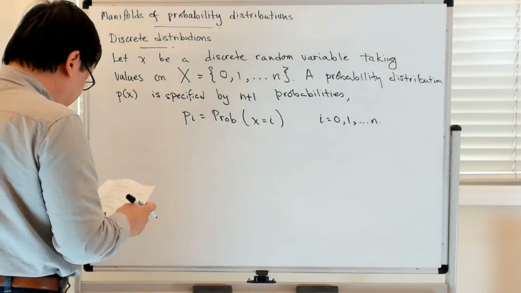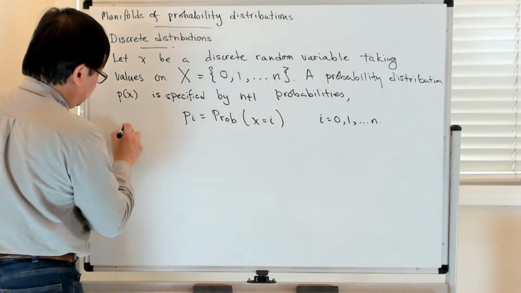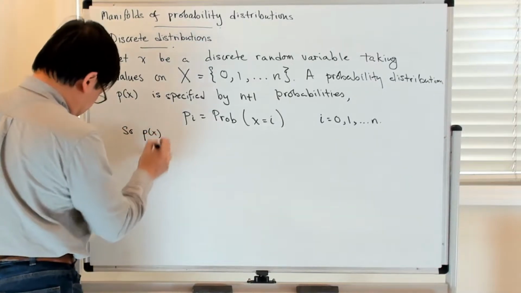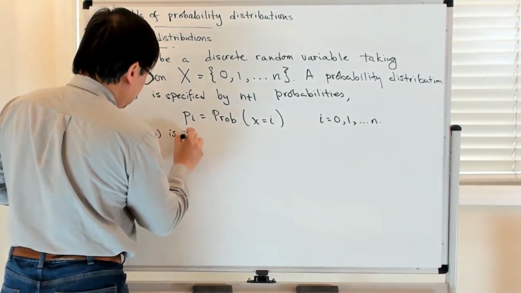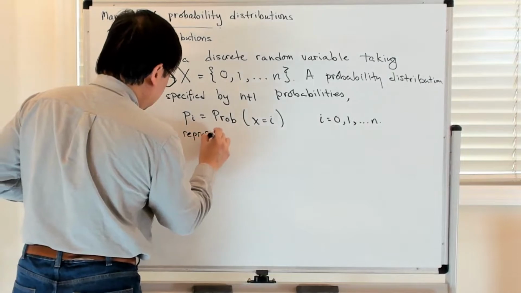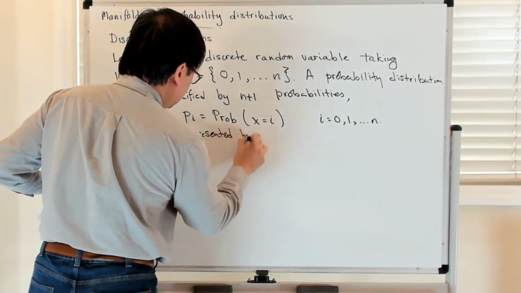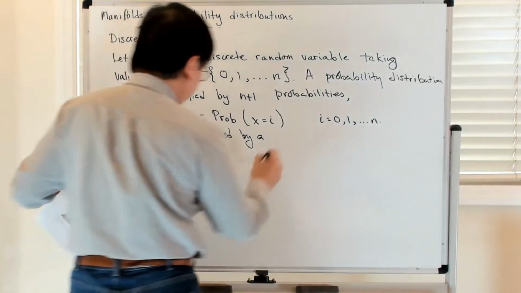So with that in mind, you can think of P of X as being some sort of vector. P of X is represented by a probability vector.